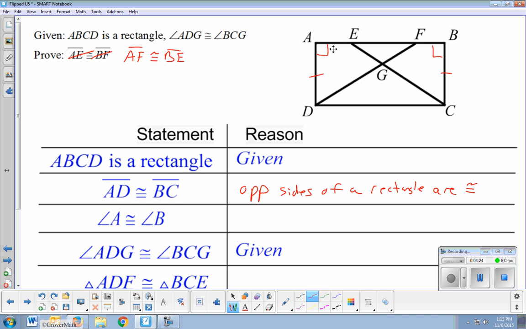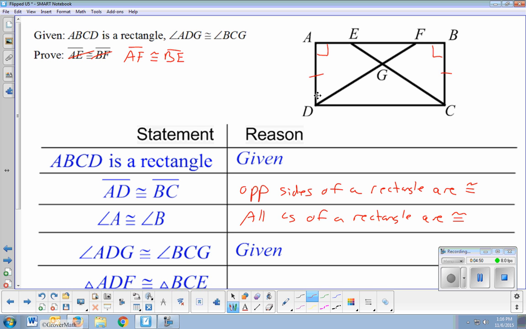All four angles are right angles, so all four angles are congruent. So we can say that all angles of a rectangle are congruent. That is a rectangle property. That's our first time we're seeing the property that all four angles of the quadrilateral are congruent.